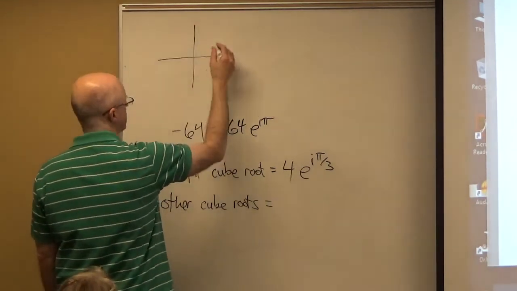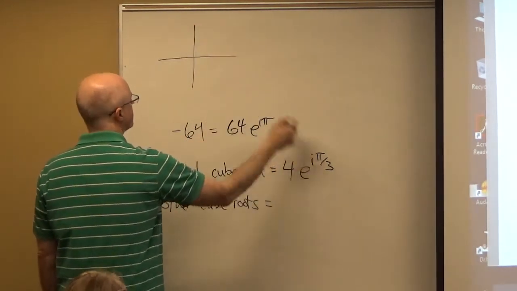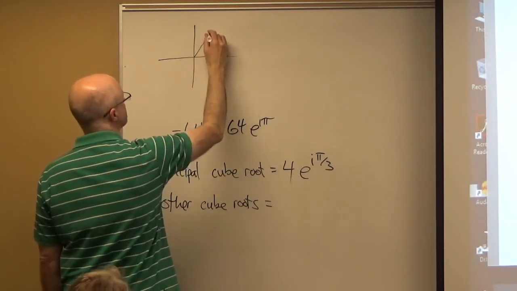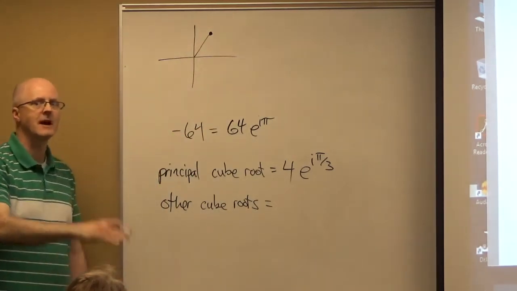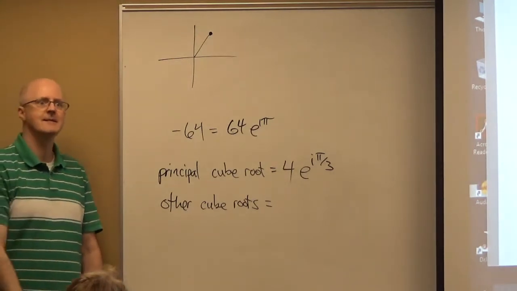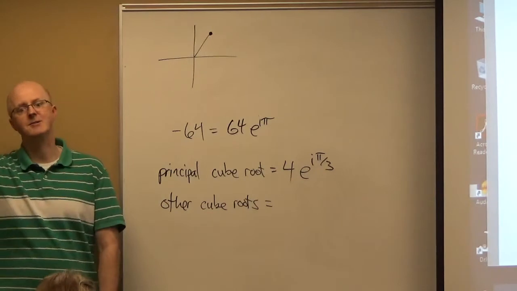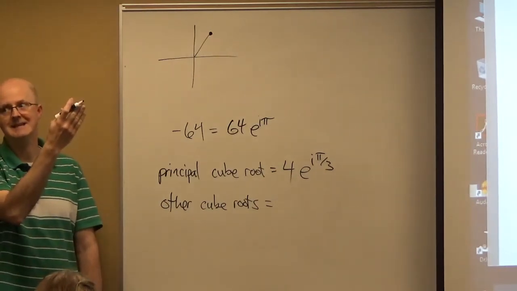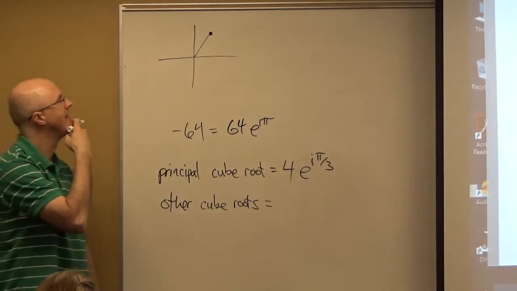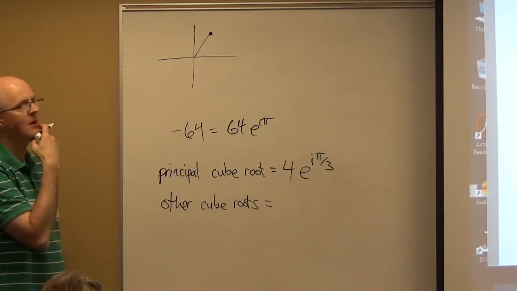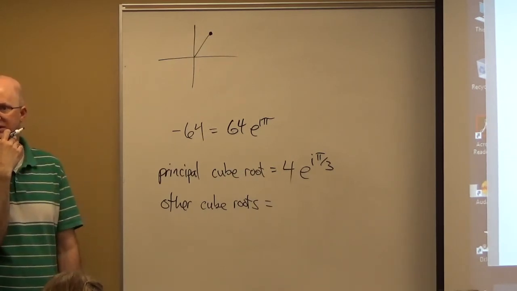It might just be helpful to draw a picture. Pi over 3 is 60 degrees. So there's the principal cube root. You've got 2 other ones. The total angle from this principal one back to itself is 360. These other 2 have to be 120 degrees apart.